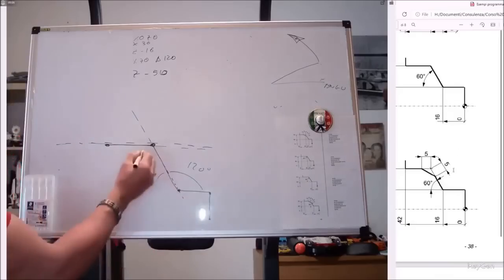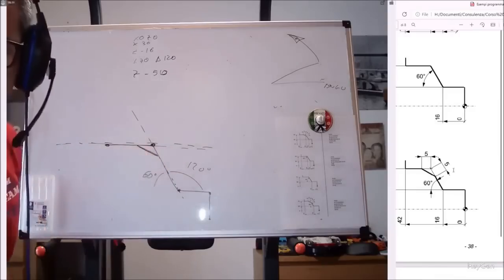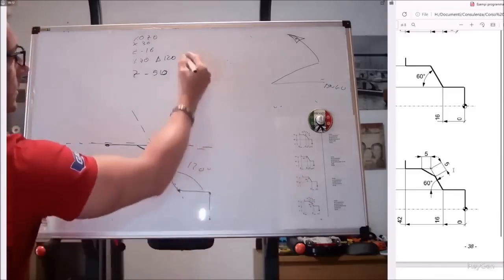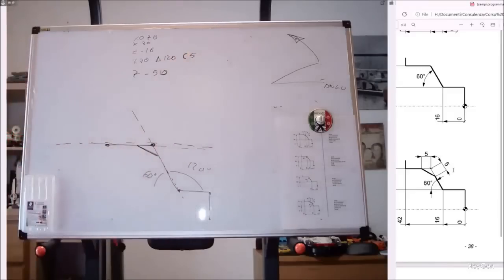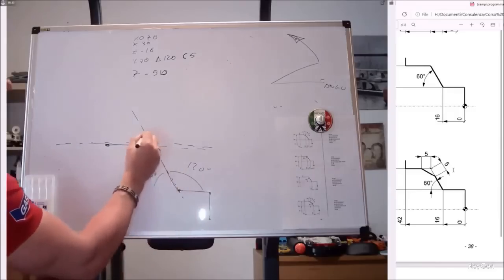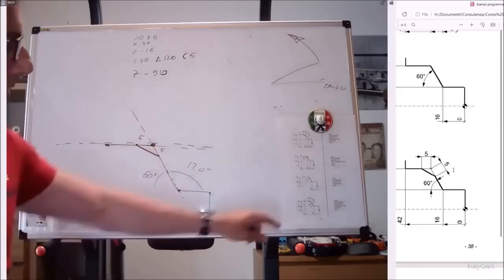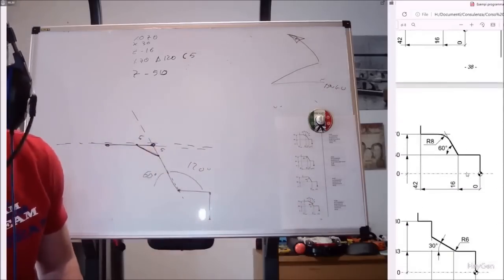Enough here too. Same discussion, same piece. If I put C5 here, nothing prevents us from combining our angle with a C or an R. Because fundamentally, when I drew this, the machine knows it then has to cut 5 mm here and 5 mm there and go to make this little radius.